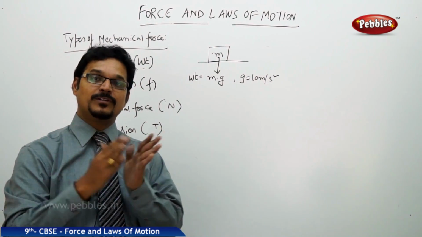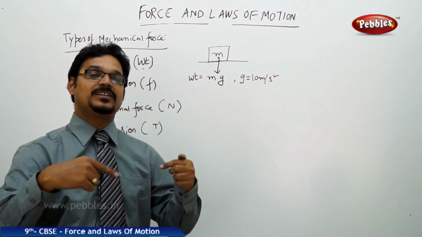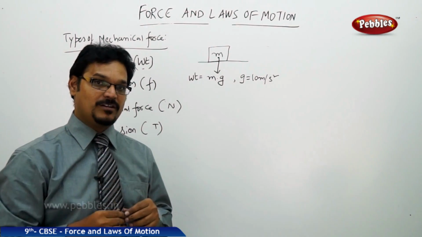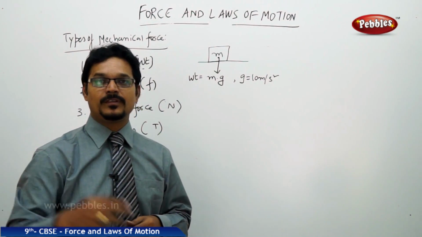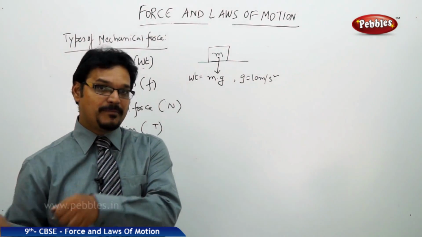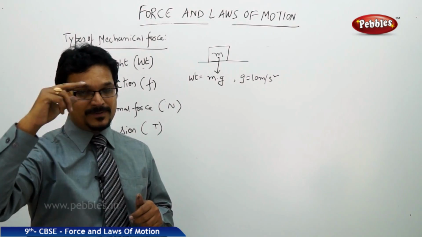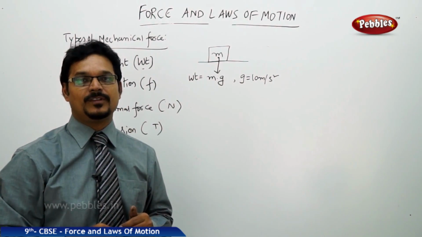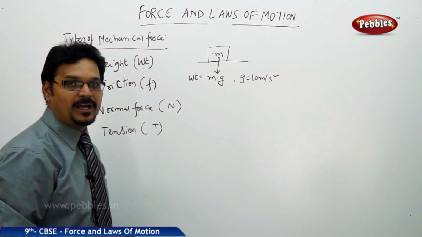The two bodies should be in contact, like tires of the car touching the road. So two contacting surfaces, tire and road surface. When you hit a ball with a bat, ball is moving in the air. Ball is one surface, air is other surface in contact. So this type of contacts only you can experience friction and normal.